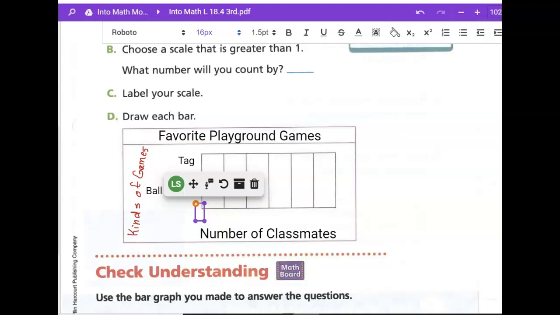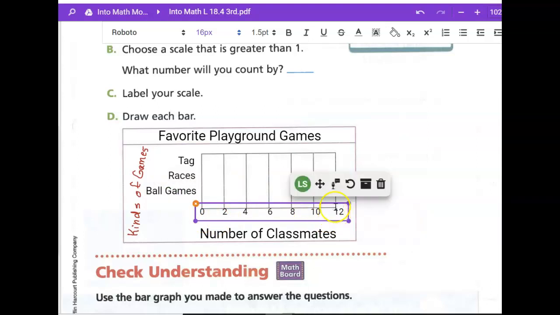So since there's 14 of us to put on this graph, we don't need our scale to be very big. So I think we can make our scale be a 0, and we can go over, and this could be 2, we're going to count by 2s, 4, 6, 8, 10, and 12.